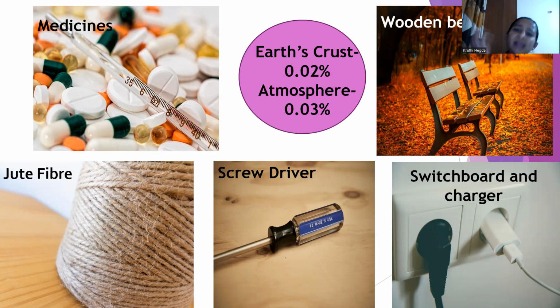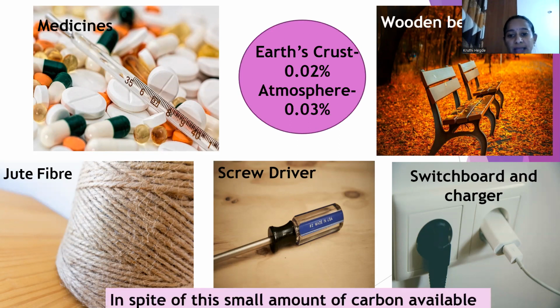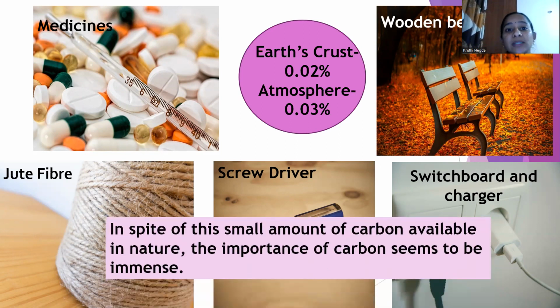All living organisms are made up of carbon. So we can conclude that though its content is less, in spite of this small amount of carbon in the earth crust and atmosphere, the importance of carbon is immense. It is much more.